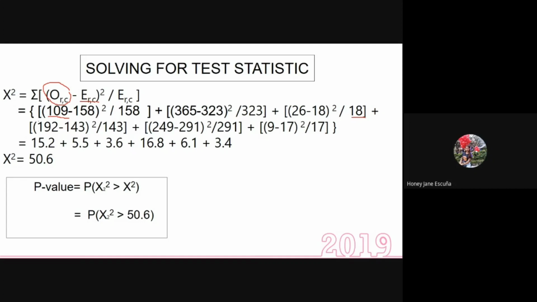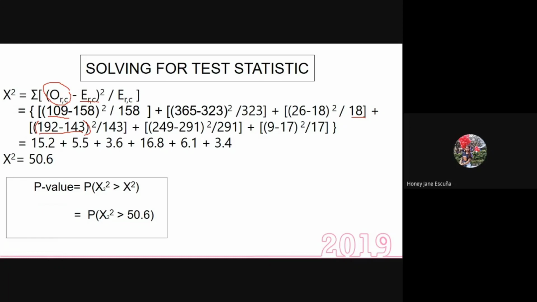Don't forget to square after getting the difference. Divided by 143, plus the square of 249 middle income female minus our expected frequency, which is 291, divided by 291, plus the square of our high income females, which is 9 minus expected frequency of 17, divided by 17.